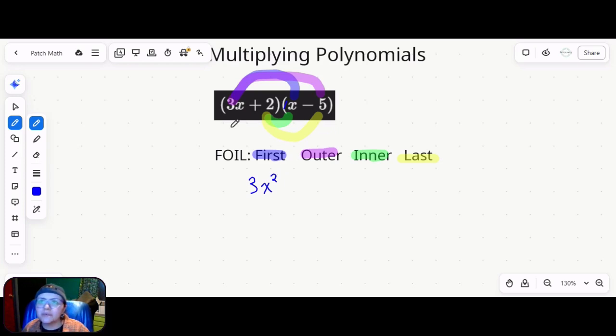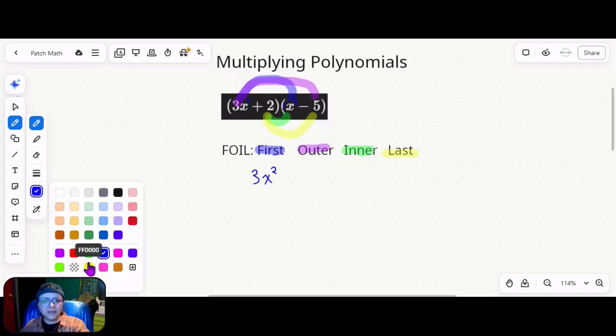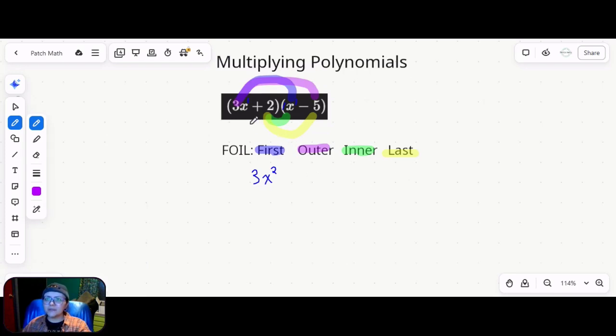Using your exponent rules, there are invisible ones on these x's, and another way of doing that is if you multiply the like bases of x, you add those ones, and that invisible one plus that invisible one becomes 2. Keep on keeping on, and we look at our outer terms. That's the 3x times the negative 5, and that is negative 15 with the 3 times the negative 5 and the x times no other variable, so it just gets tacked on.